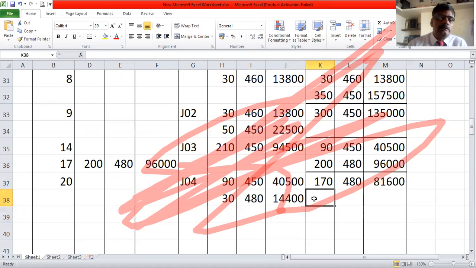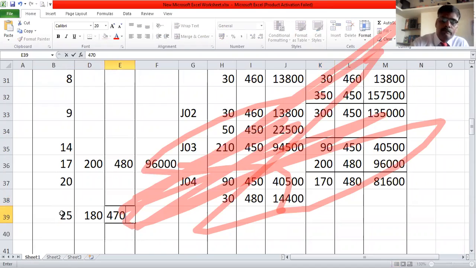Only one lot remained. After 20, again 25 date. On 25, there is a purchase. Purchase 180 tons at the rate of 470. 180 into 470 is equal to 84,600.